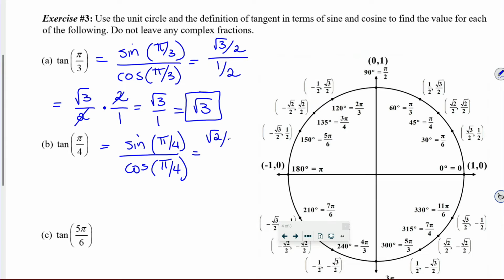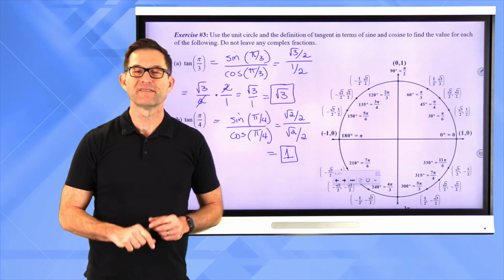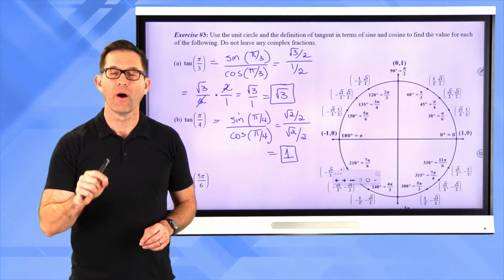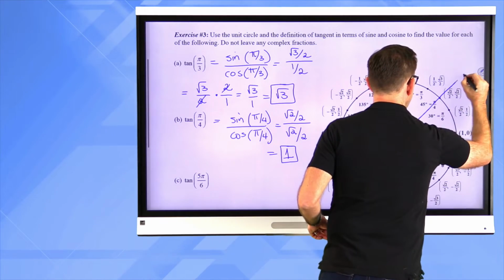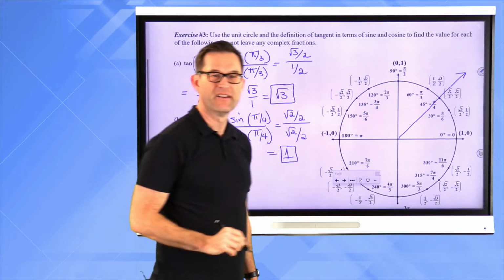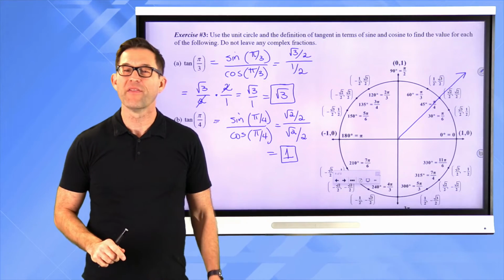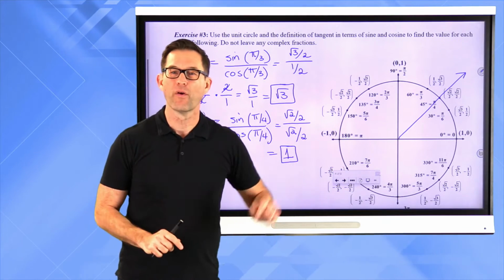So square root of 2 over 2 divided by square root of 2 over 2. And anytime we divide a number by itself, we get the number 1. Now remember what I said about tangent being the slope of the terminal ray? If I actually draw in that terminal ray, then that definitely has a slope of 1 over 1.